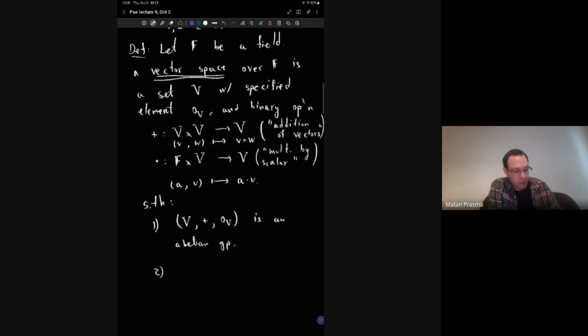So I want the multiplication by a scalar to be associative. This means that for any a, b in F, and for any v in V, a times (b v) is equal to (a times b) times v. You see here, the multiplication is the multiplication of F.